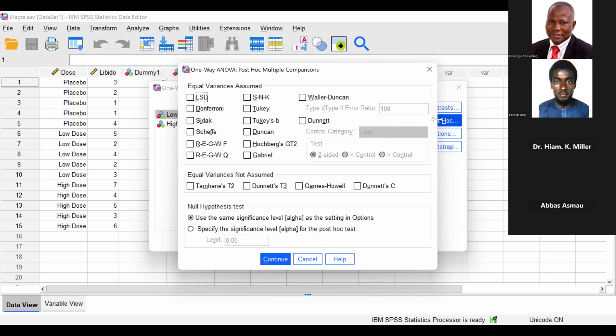And you see the different post hoc test options that this gives us. We have LSD, Bonferroni, Sidak, Scheffe. The first set they call equal variances assumed. The other one, equal variances not assumed.